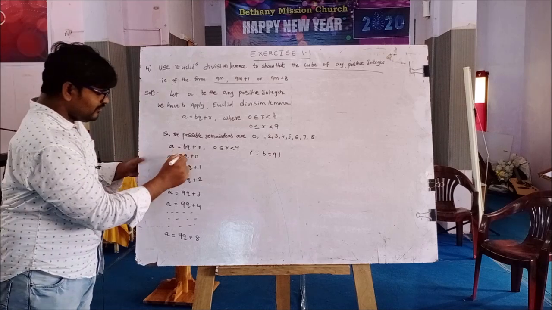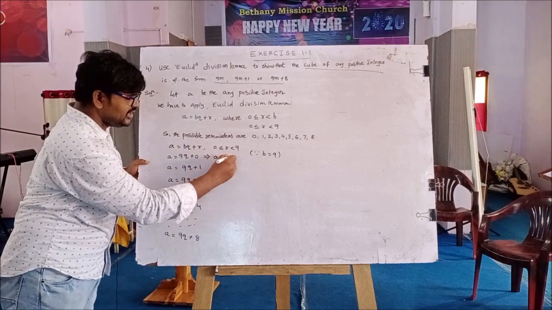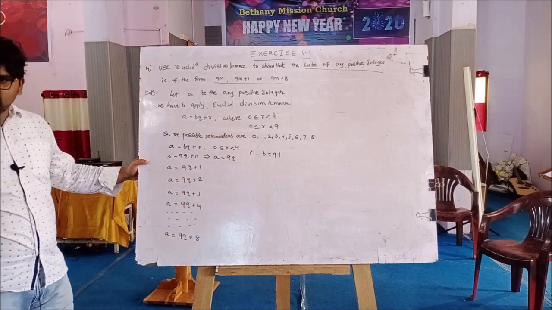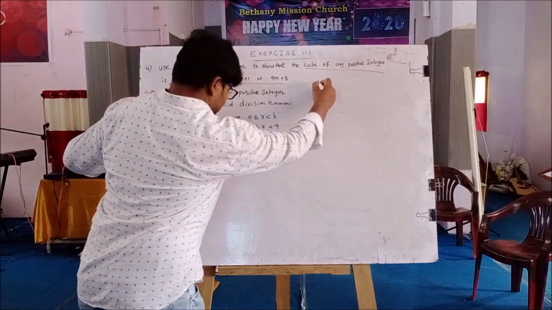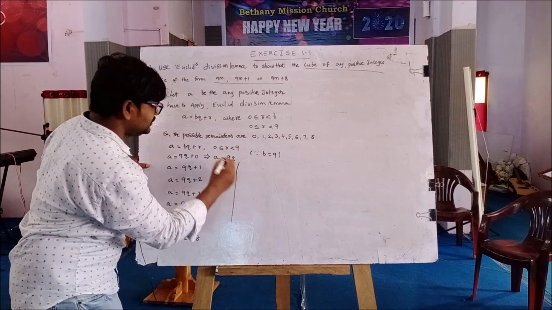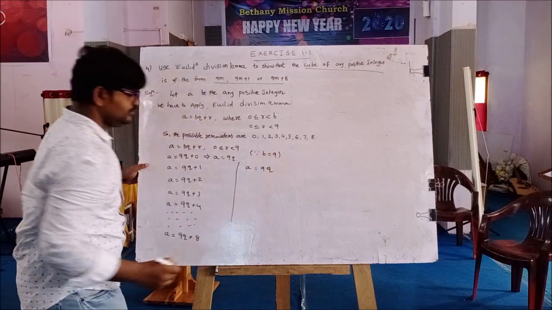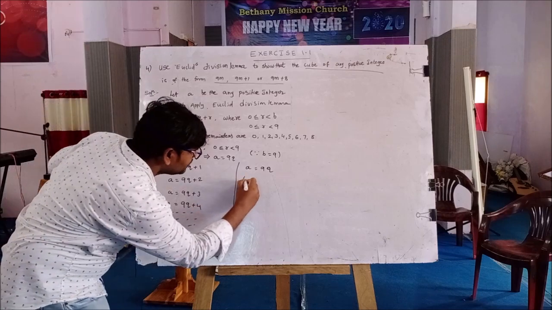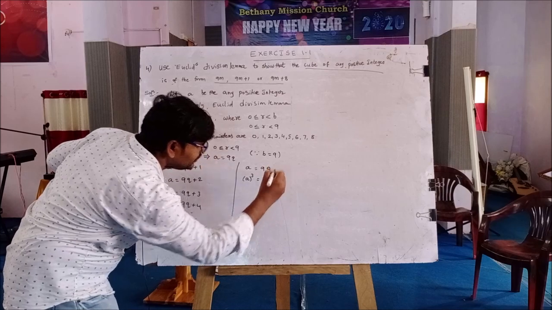So this is the first case. A equals 9Q plus 0, that implies A equals 9Q. Cubing on both sides, A cube equals 9Q whole cube.